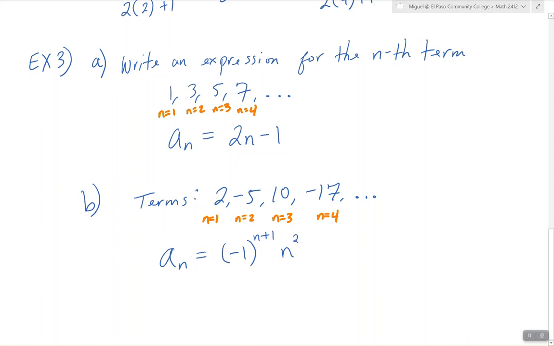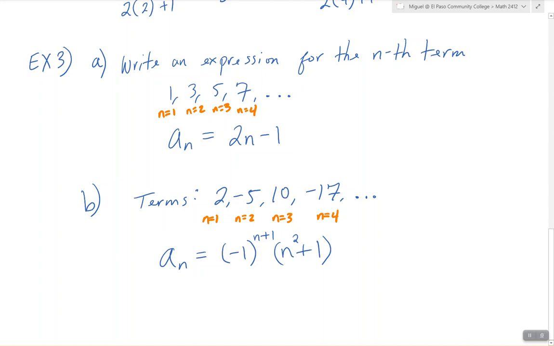If I do n squared, plug in a 1, that would be 1 squared, 1. 2 squared would be 4, 9, 16. Well, 1, 4, 9, 16, they're all 1 away. So I can just do n squared plus 1.